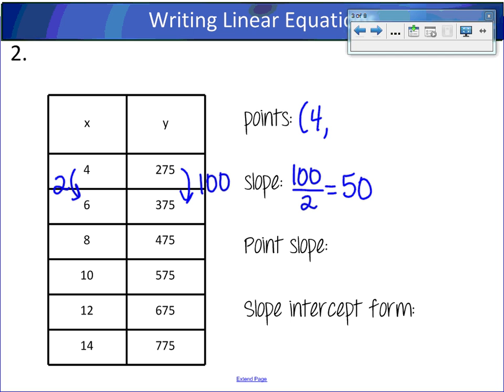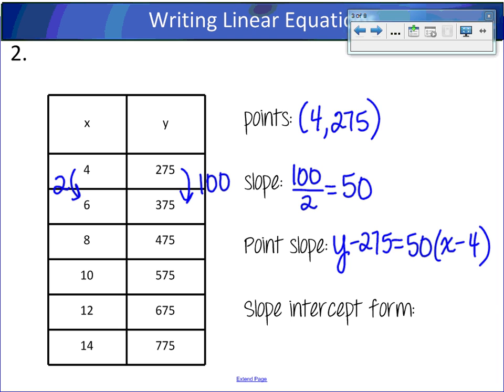I'm just going to pick the first one, so 4 and then 275. Point-slope form tells me y, and then I have to do the opposite. So it's minus 275 equals my slope, and then x subtract 4.